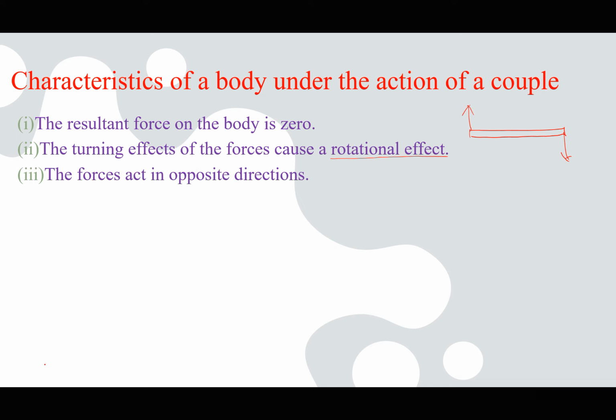These two forces must act in opposite directions, of course on the same body but in opposite directions. And their lines of action can never meet. What do I mean? If I prolong the line of action of this force, and I prolong the line of action of the other force, these lines should never meet. That's what a couple should be.